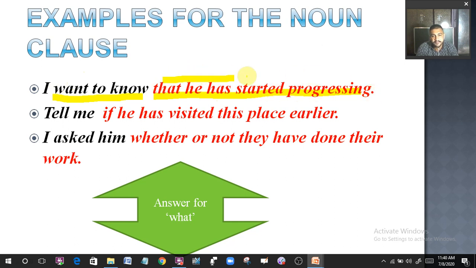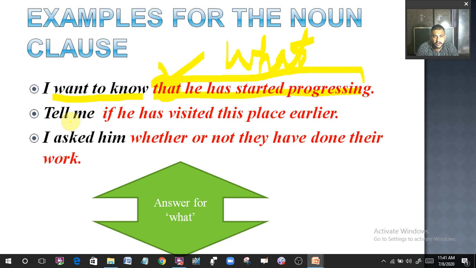So this particular clause, which starts with the conjunction that, I told you can be used as a conjunction, but when the answer is coming for what, when the principal clause is asking the question in the sense of what, and there is an answer for what, then definitely we are making a noun clause.